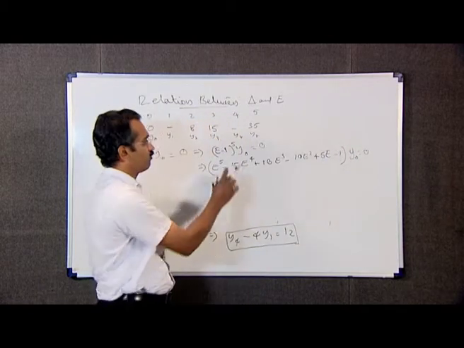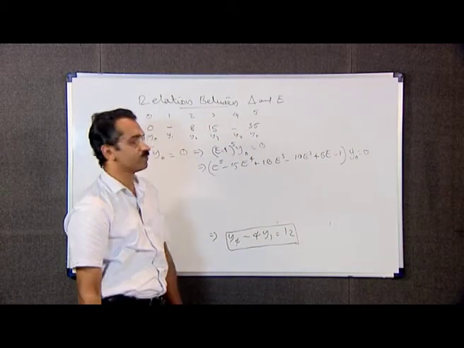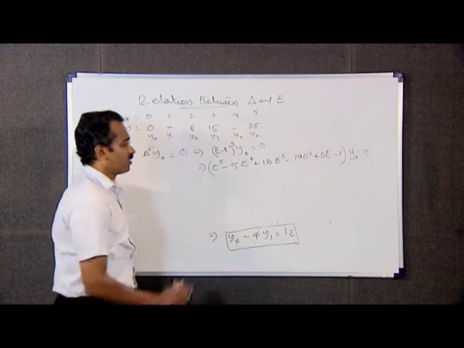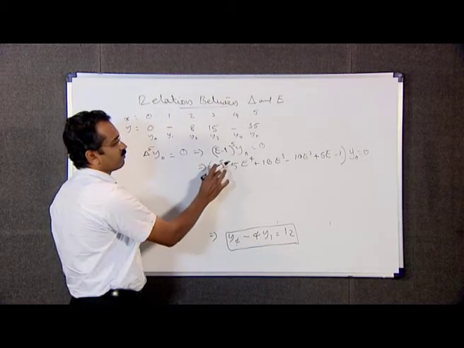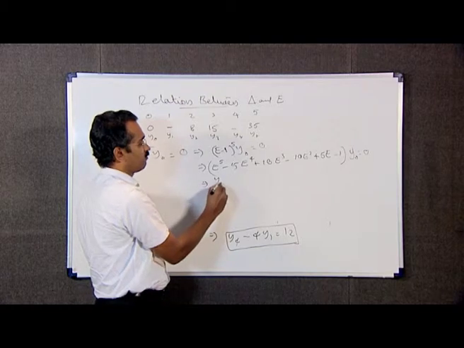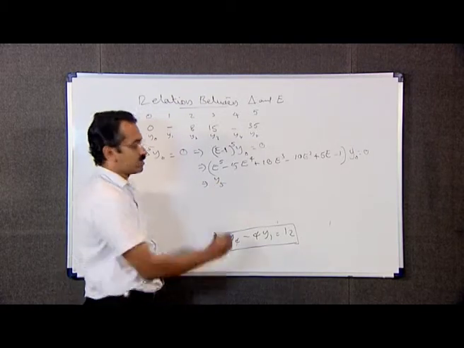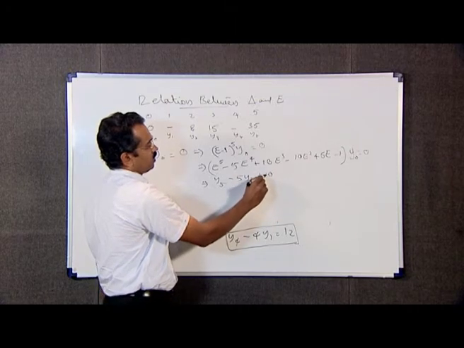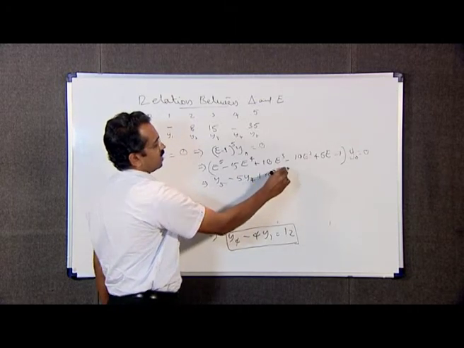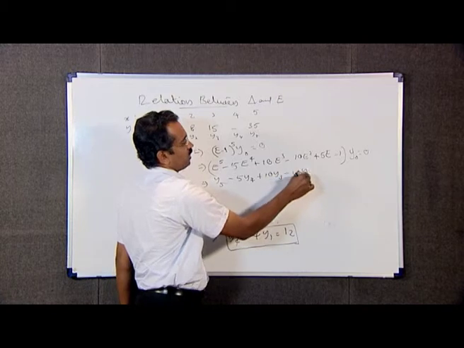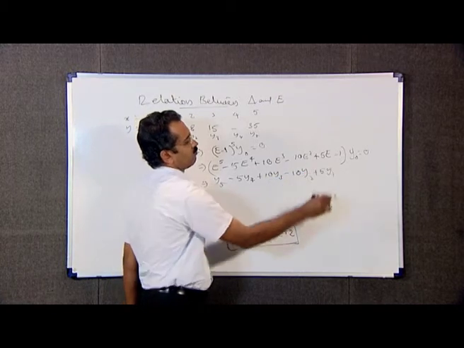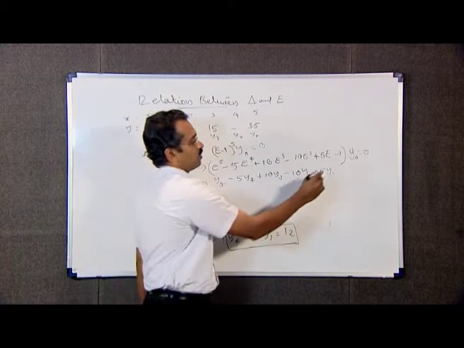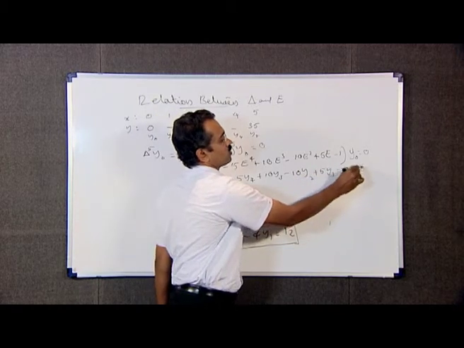By the expansion of (E minus 1) raised to 5, E raised to 5 y0 is y5, minus 5y4, plus 10y3, minus 10y2, plus 5y1, minus y0 is equal to 0.